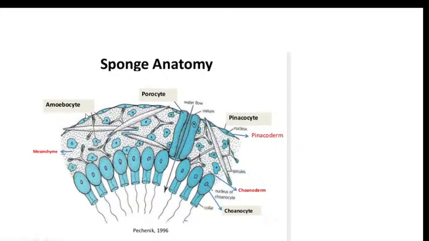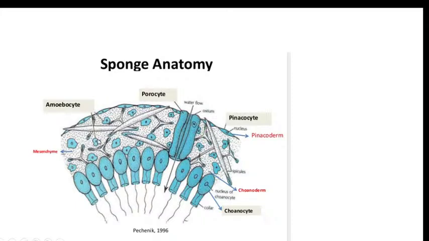The outer layer is made up of pinacocytes. They are flattened cells forming a layer, and beneath the pinacocytes, inside the mesenchyme, there are amoebocytes. Amoebocytes are cells which do not have a typical shape.